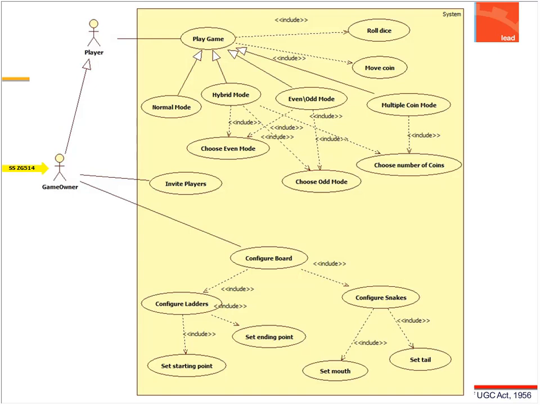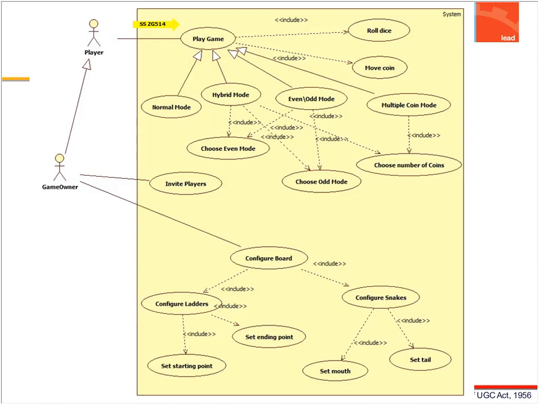Whereas a game owner can access the invite player and configure board use cases, while the player cannot do that, but the game owner can access the play game as well. Right? I think that's it for today.